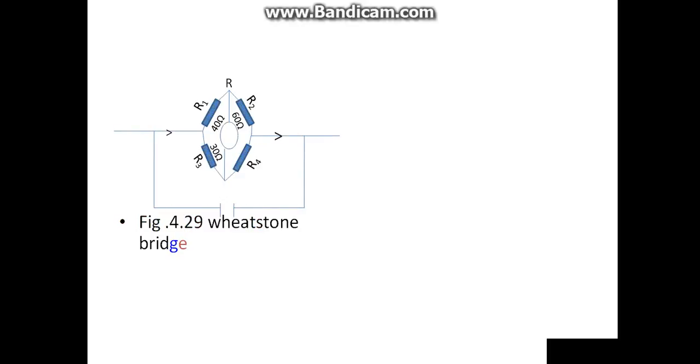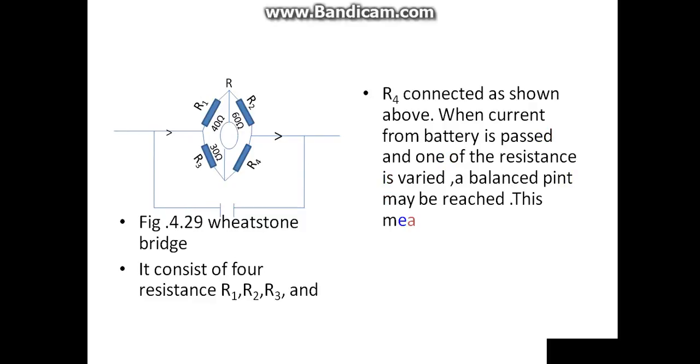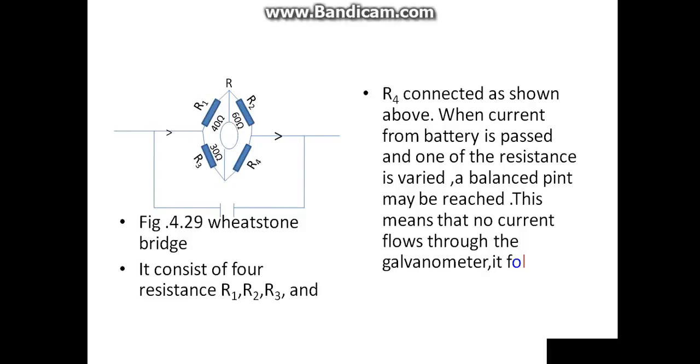It consists of 4 resistors R1, R2, R3 and R4 connected as shown above. When current from the battery is passed and one of the resistors is varied, a balance point may be reached. This means that no current flows through the galvanometer. It follows that R1 over R2 equals R3 over R4.